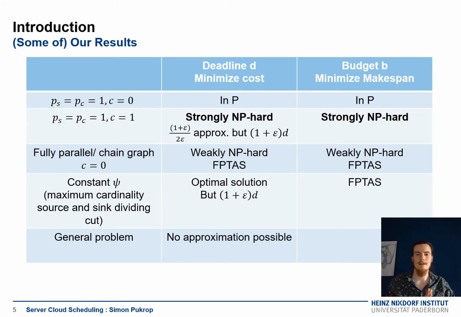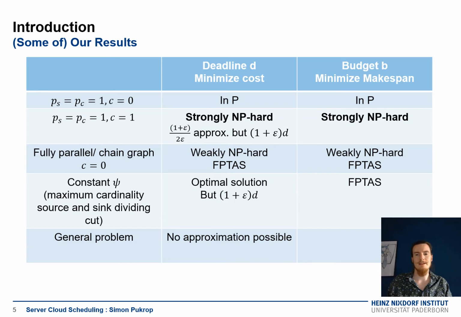Now you divide the jobs into two sets, a partition, where one has to contain the source and the other has to contain the sink. You may have edges within each of them, and you may have edges going from the source-containing set to the sink-containing set, but not the other way around.